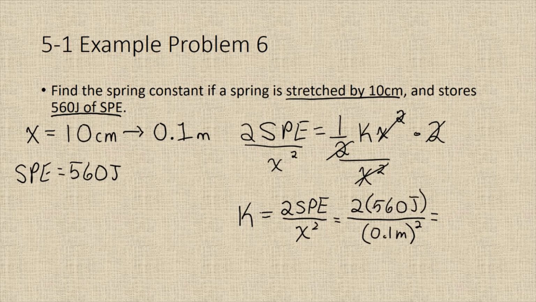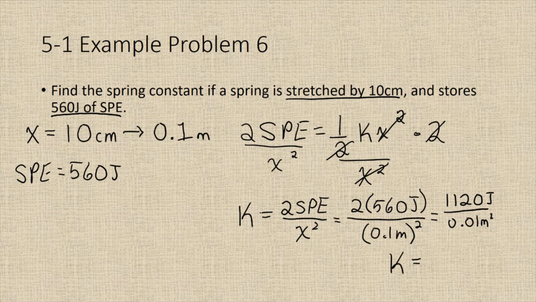So we have 2 times 560 joules divided by 0.1 meters squared. So the first thing that you have to do is that square. 0.1 squared will give you 0.01. And then multiply 2 times 560. That'll give you 1,120 joules up top divided by 0.01 meters squared in the denominator.